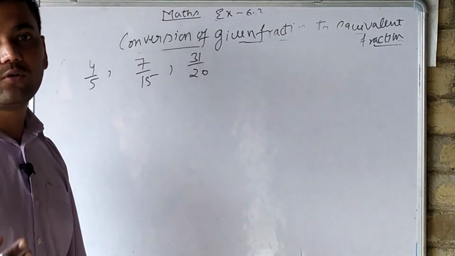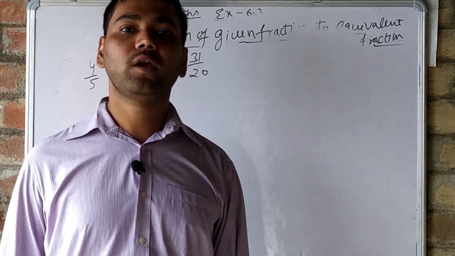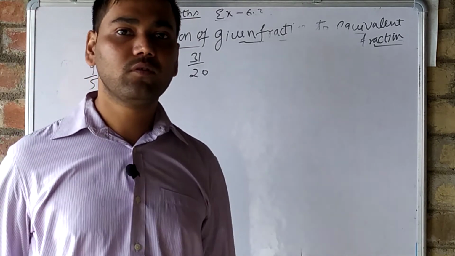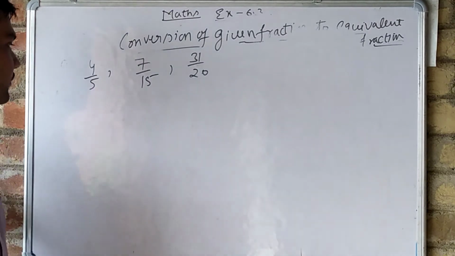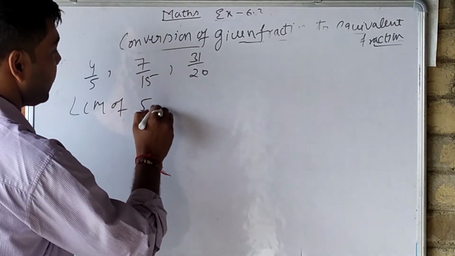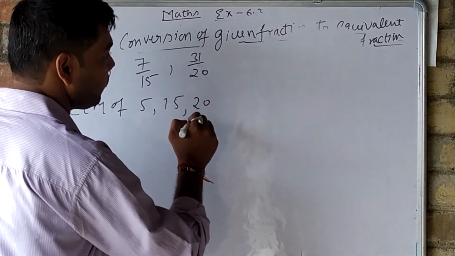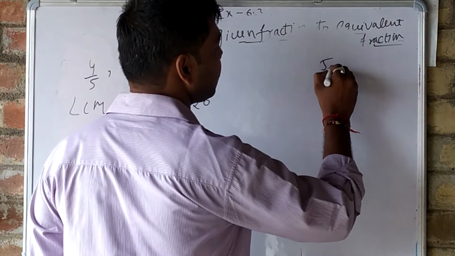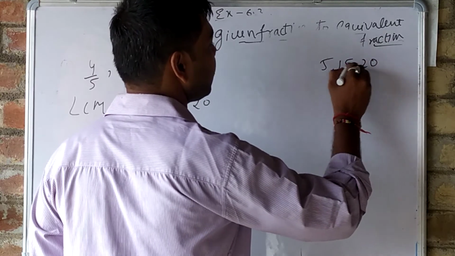So according to the rule which we have studied, we have to first take the LCM of these cases. So the LCM of 5, 15 and 20 we have to take.